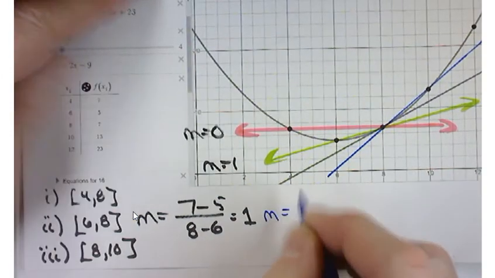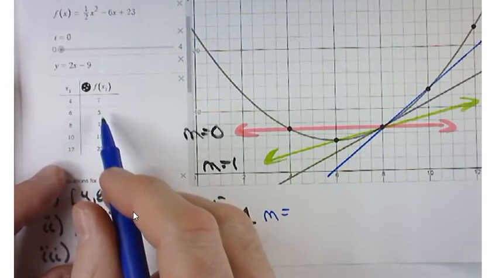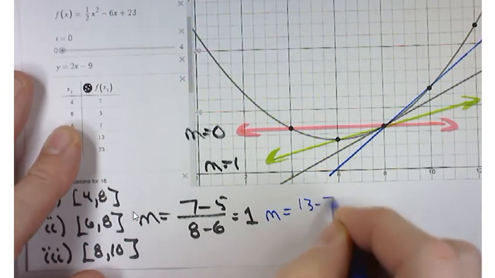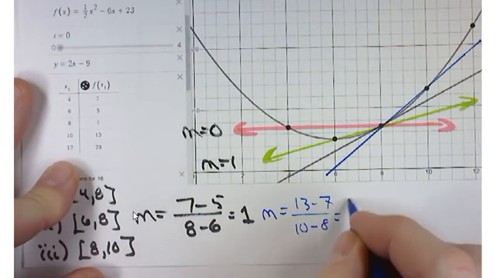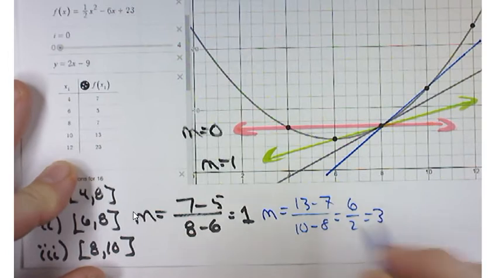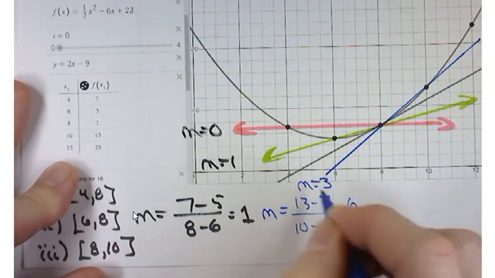That calculation is going to look like this: 13 minus 7 over 10 minus 8 gives me 6 over 2, which is 3. So m equals 3.